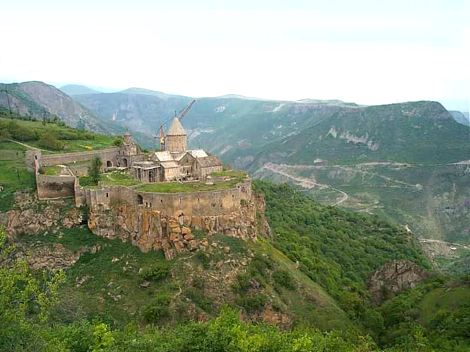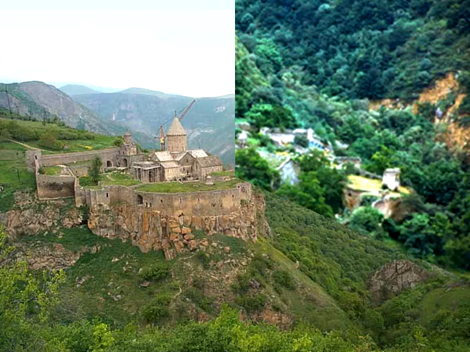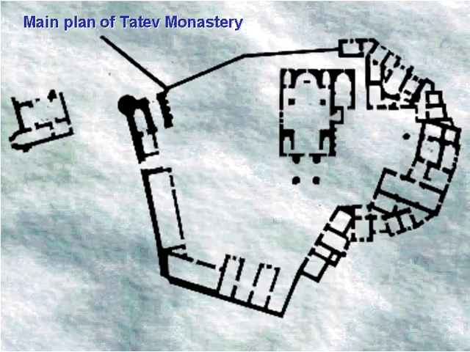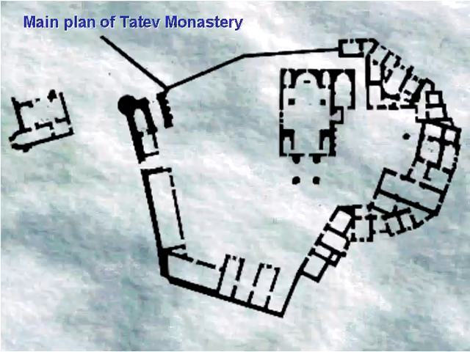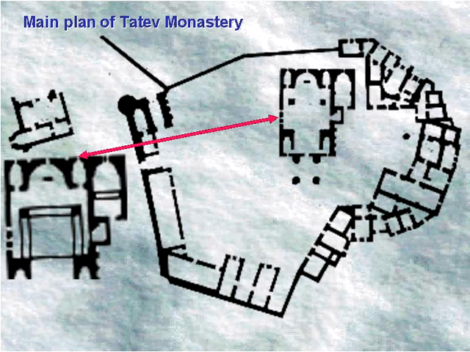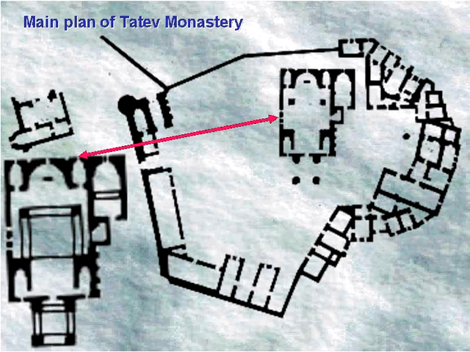The main church of Tatev Monastery is the Church of St. Paul Peter, or Bohos Petros. It was built during the years of 895 to 906. It has a width of 16.4 meters and 27.2 meters length of rectangular shape. The main altar is located at the eastern side of the church.